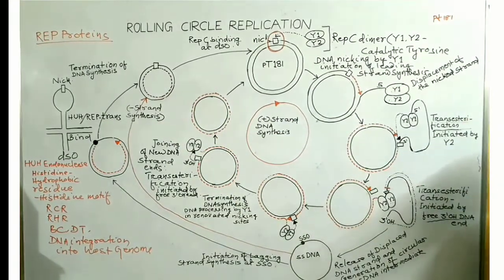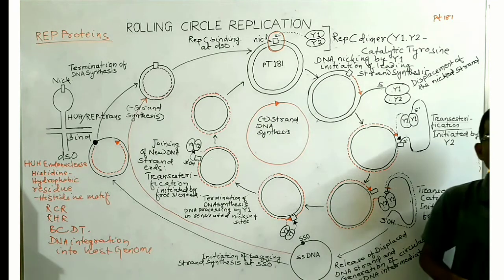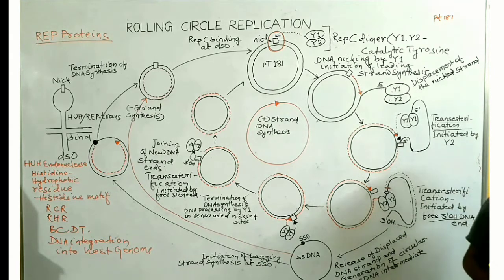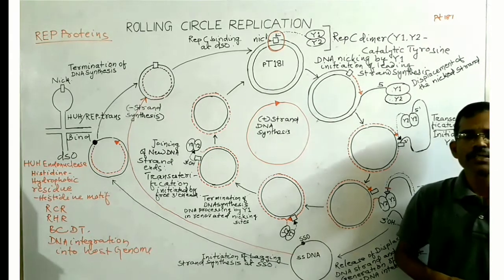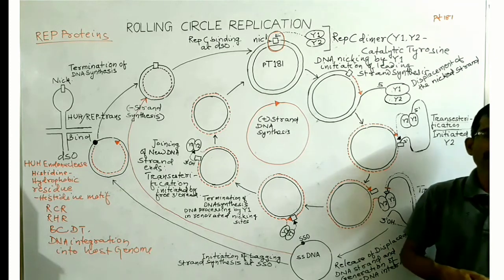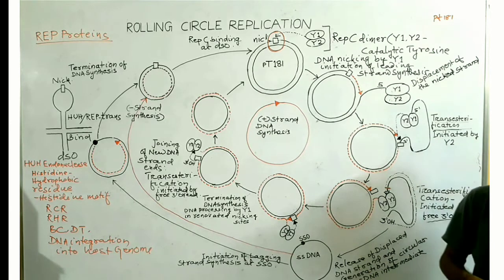The rolling circle replication of phi X174 and that of the plasmid PT181 differ significantly in the leading strand termination stage. In phi X174, the termination of replication of the leading strand initiates another round of replication in order to enable the virus to rapidly amplify its genome before lysis of the host cell.